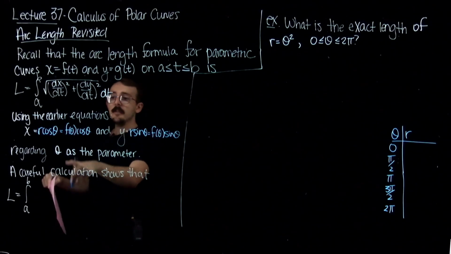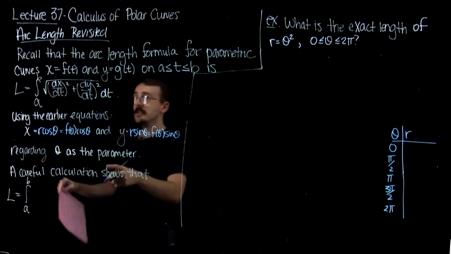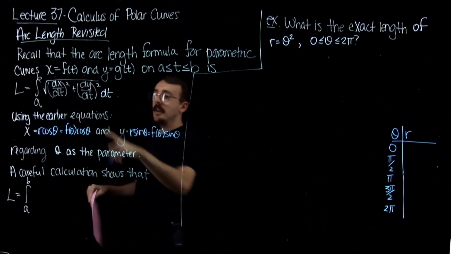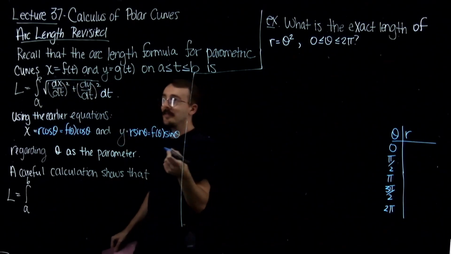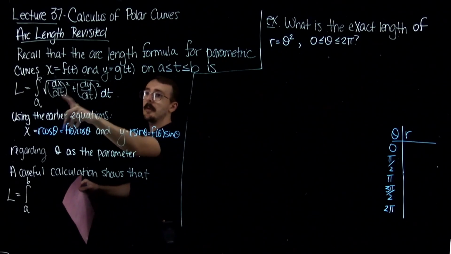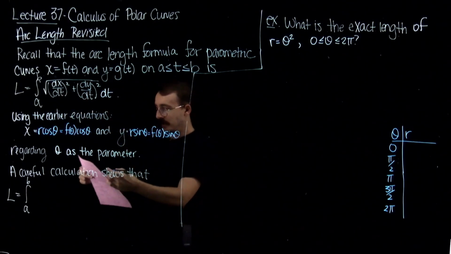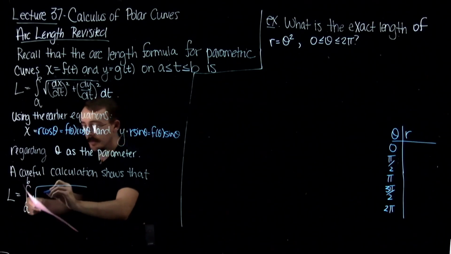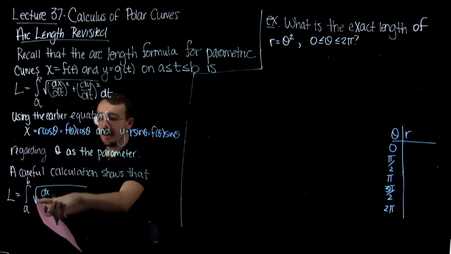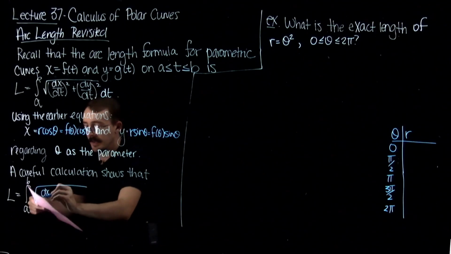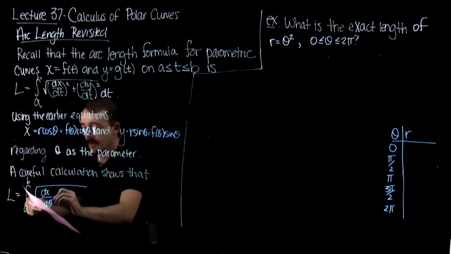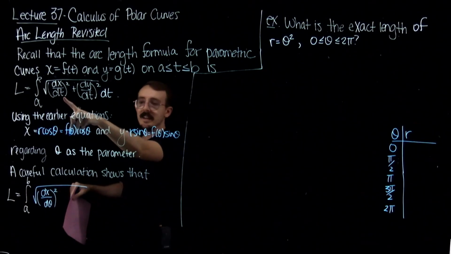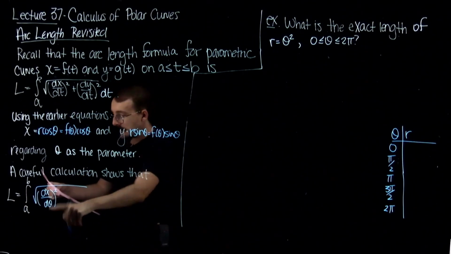Now, if you carefully make the substitution, using our formulas for both of these, we have the integral from a to b of the square root of (dx/d theta) squared plus (dy/d theta) squared, because this time our parameter is not t, it's theta.